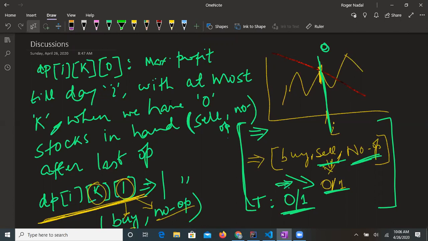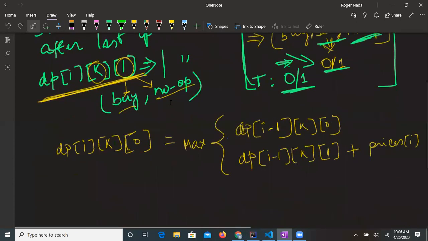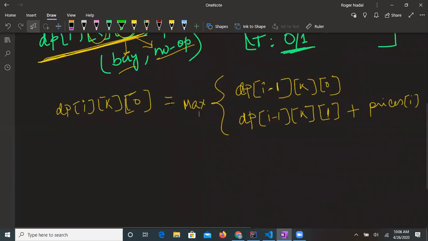But then in that case, we would want to store the profit, right? I think that's why I'm getting confused. If you buy, you decrease the price, so your profit has also decreased. So that is a kind of incomplete state: you have bought stocks, but you haven't sold them. So the price is not yet added, but you have incurred that loss.